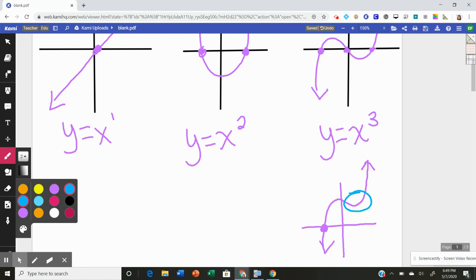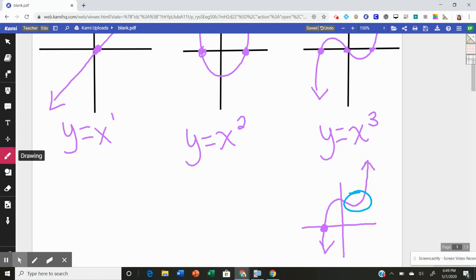We don't know what these are yet in this one example, but we'll go through some today where we'll take a look at how we can represent some complex roots. All right, so that is our basics for the fundamental theorem of algebra: the degree of the polynomial is the maximum number of real roots, and complex numbers can also add into the degree of the polynomial. Again, the sum has to be the degree. The number of real zeros plus the complex ones has to be equal to the degree.